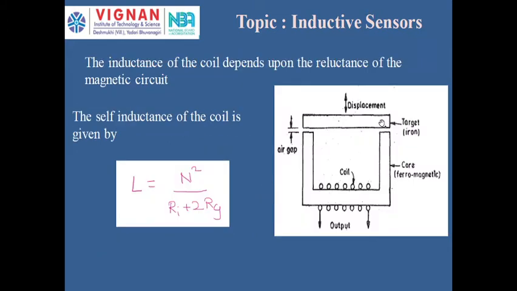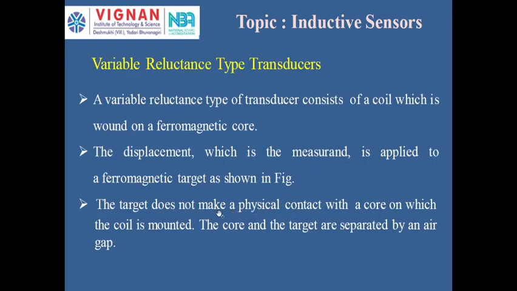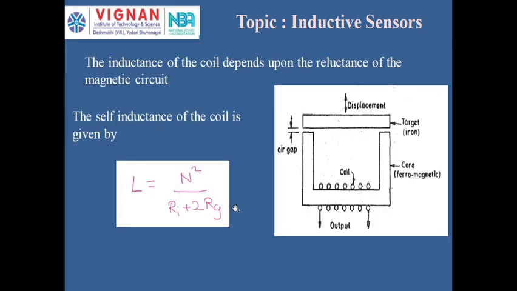So here I have a target which is also a ferromagnet or iron. Here the iron target does not make any physical contact with the core on which the coil is mounted. The core and target are separated by an air gap. If you observe this diagram, the core and target are separated by an air gap. These two have no physical contact.